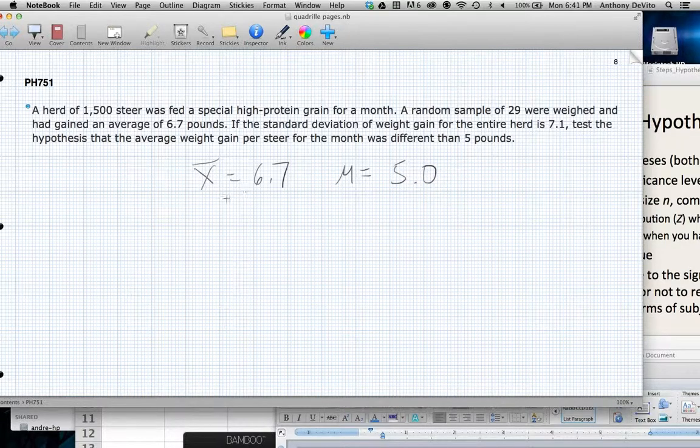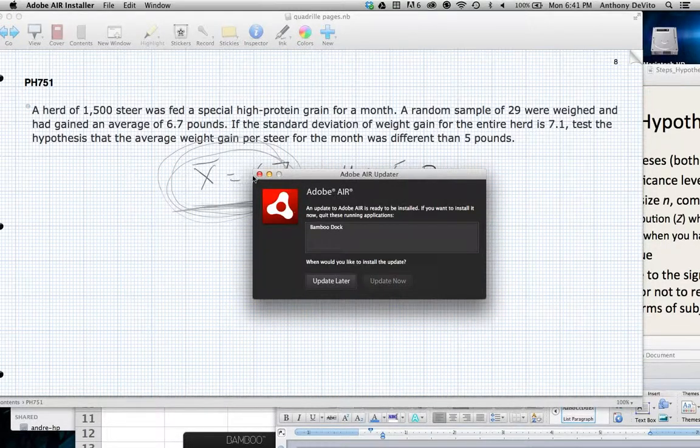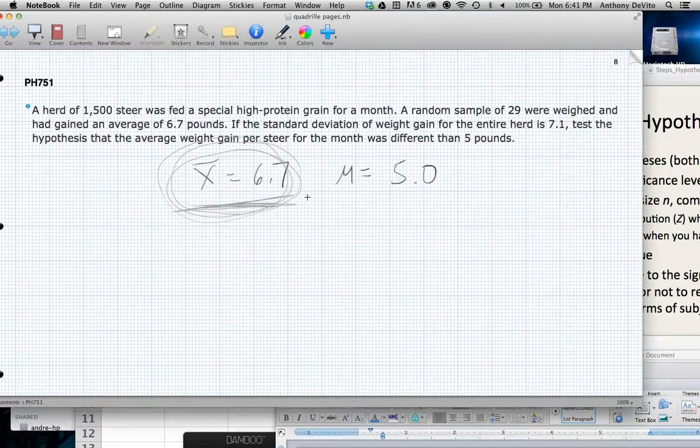Now we're interested in knowing what's the probability that we would get this result by chance, if there was really no difference between using the previous feed and using the new feed on these cattle, right?